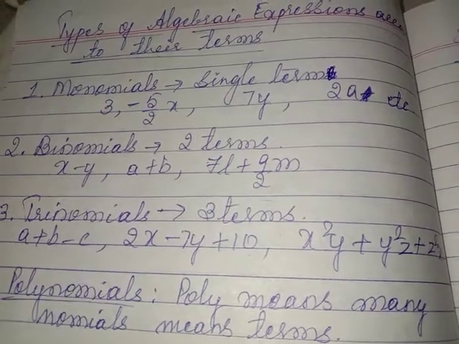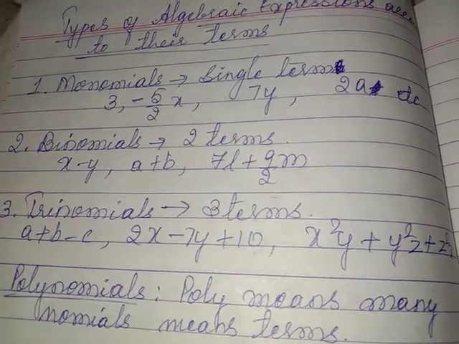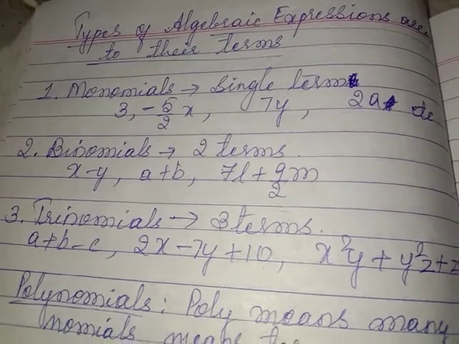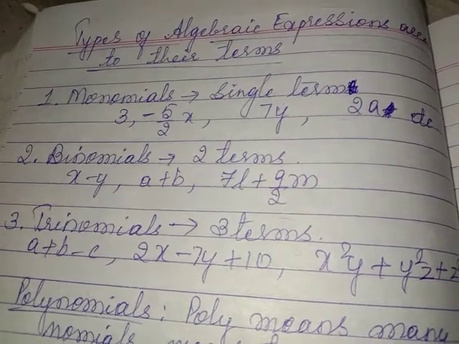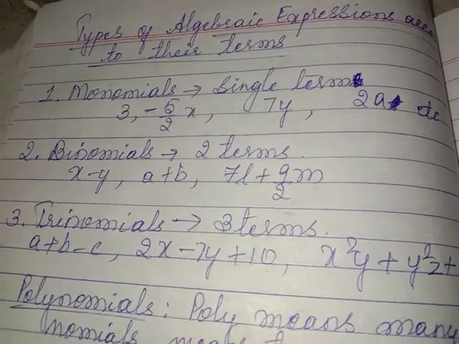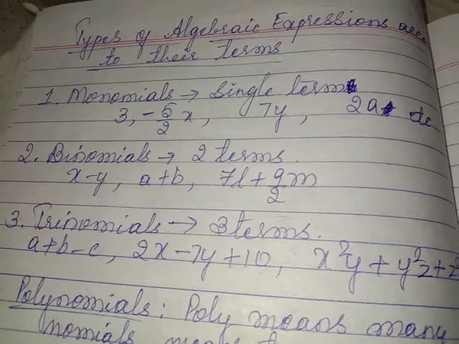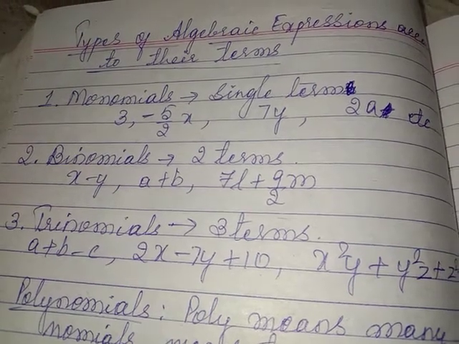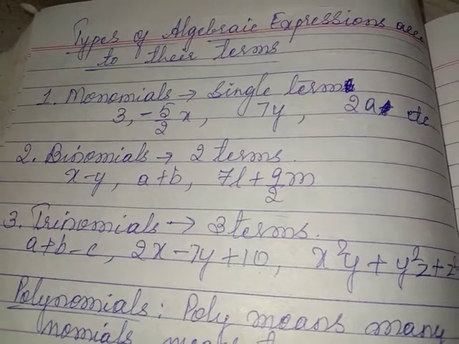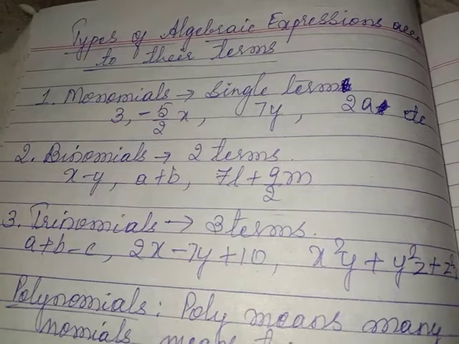In x minus y, it is a binomial. Why is it a binomial, children? Since it contains two terms. Which are the two terms? x and y. Here in a plus b, we have two terms, a and b. It is a binomial.